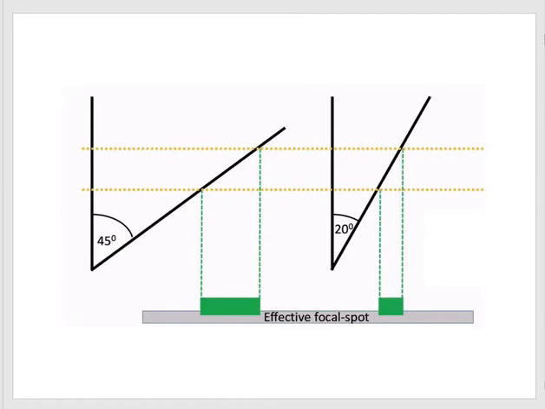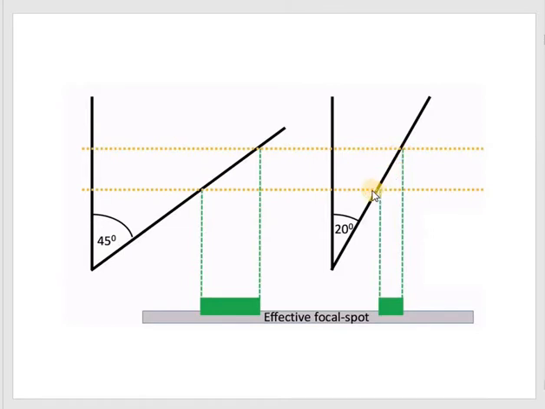Target is where the electrons hit the anode, so these are both targets. The actual focal spot is the physical area of the focal track that is impacted by the electrons. So where is the actual focal spot in these two diagrams? The actual focal spot is this area.